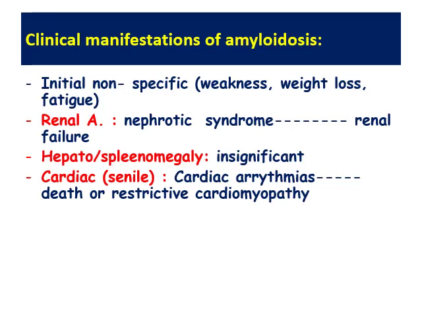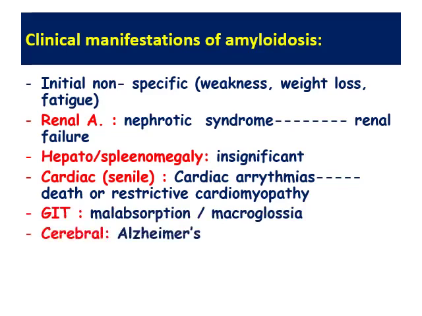When it accumulates under the endocardium, it interferes with the conduction system, leading to cardiac arrhythmias, which may lead to death. Accumulation within the myocardial fibers leads to cardiomyopathy, especially the restrictive type, which may lead to defect in cardiac function.